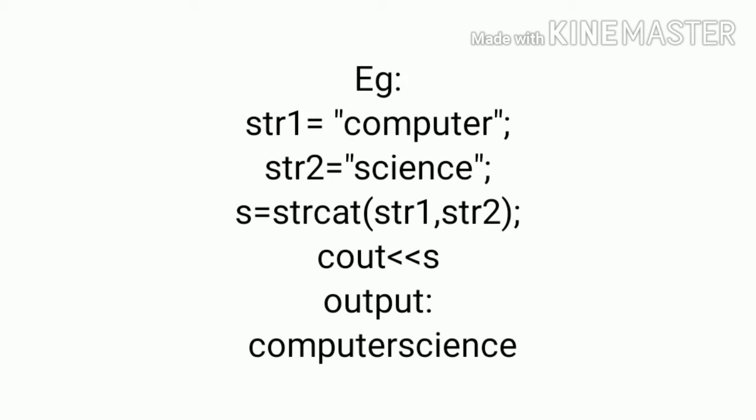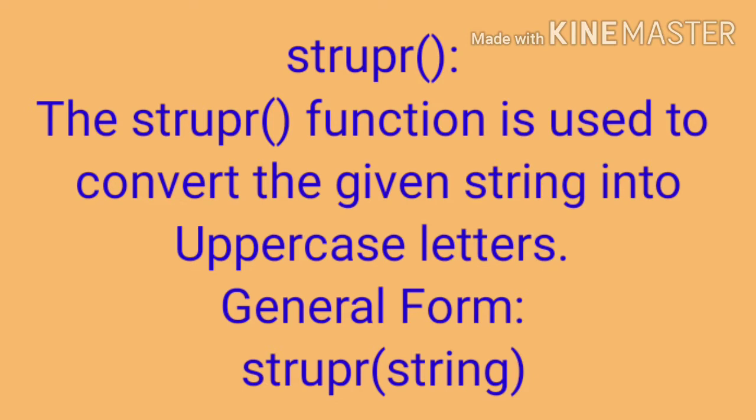The next functions are strupr and strlwr. strupr is one of the string functions which is mainly used to convert the given string into uppercase letters. Already we saw the character functions. For those functions, toupper and tolower are used. toupper is used to convert the given character into an uppercase letter. tolower is used to convert the given character into a lowercase letter.